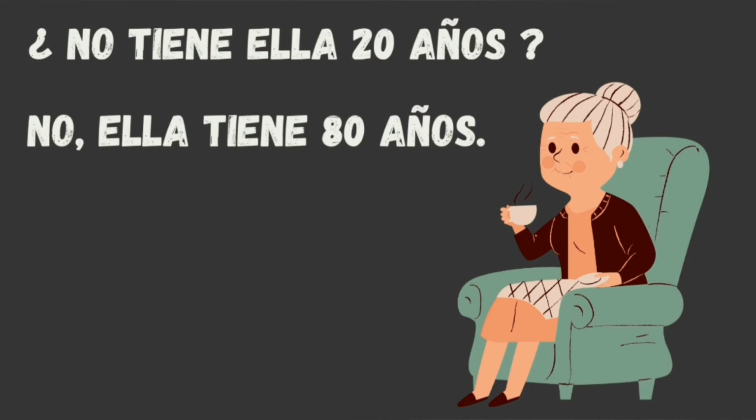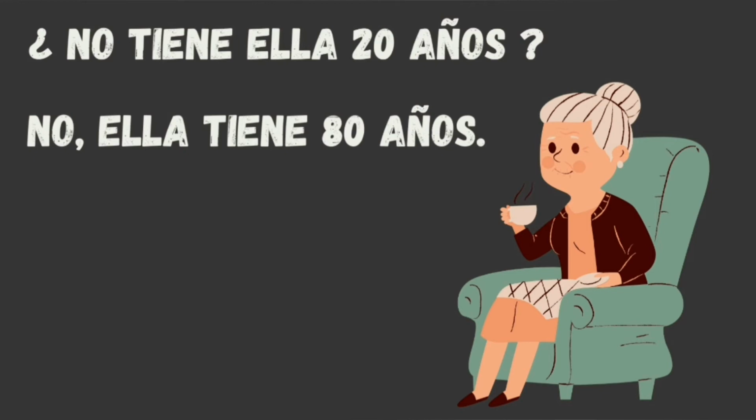All right, so now let's go to our next personal pronoun. We are talking about she. So the negative question would be, doesn't she have 20 years? In Spanish, we have to say, ¿no tiene ella 20 años?